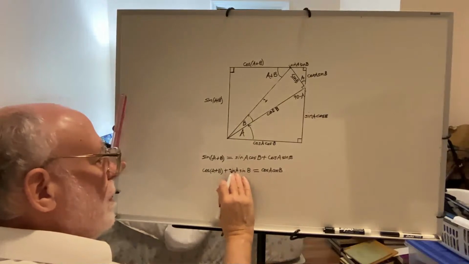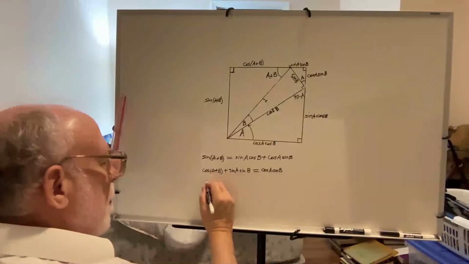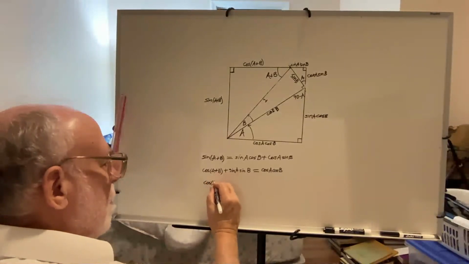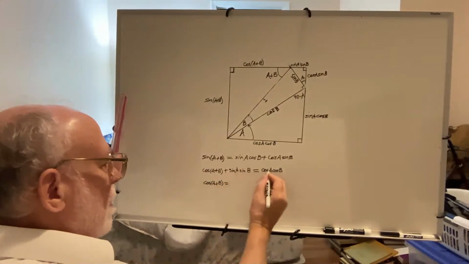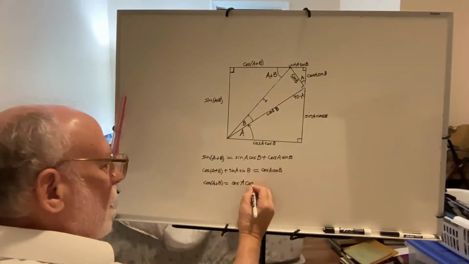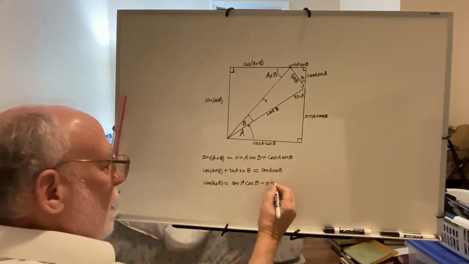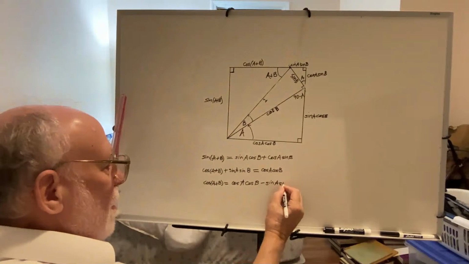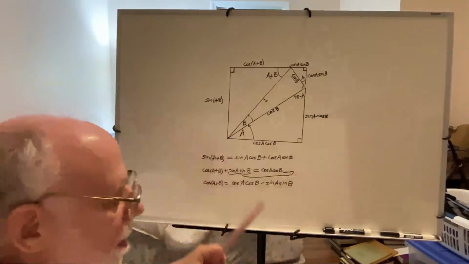Now we can push this term to the right side. Once we do that, it becomes negative, a minus anyway. So we get cosine A cosine B minus sine A sine B. We push this to the other side.